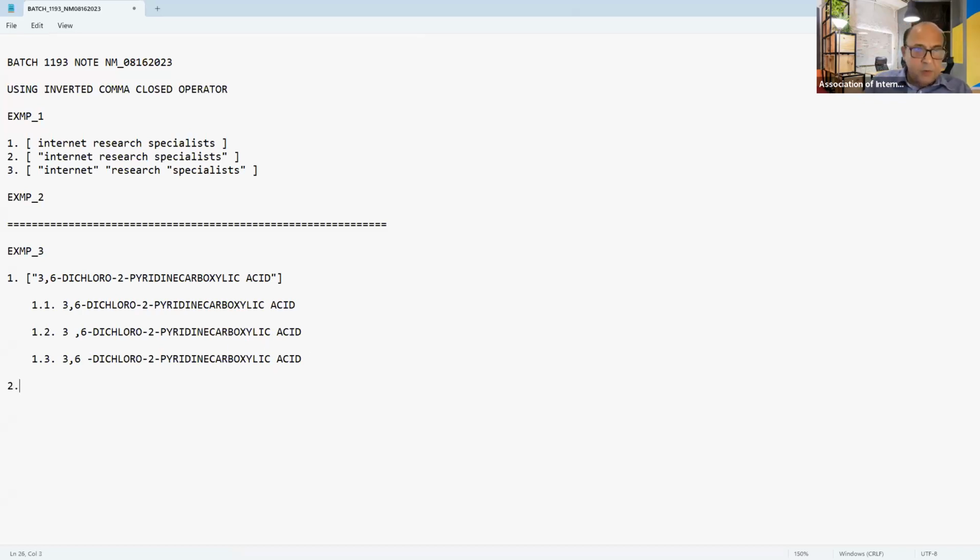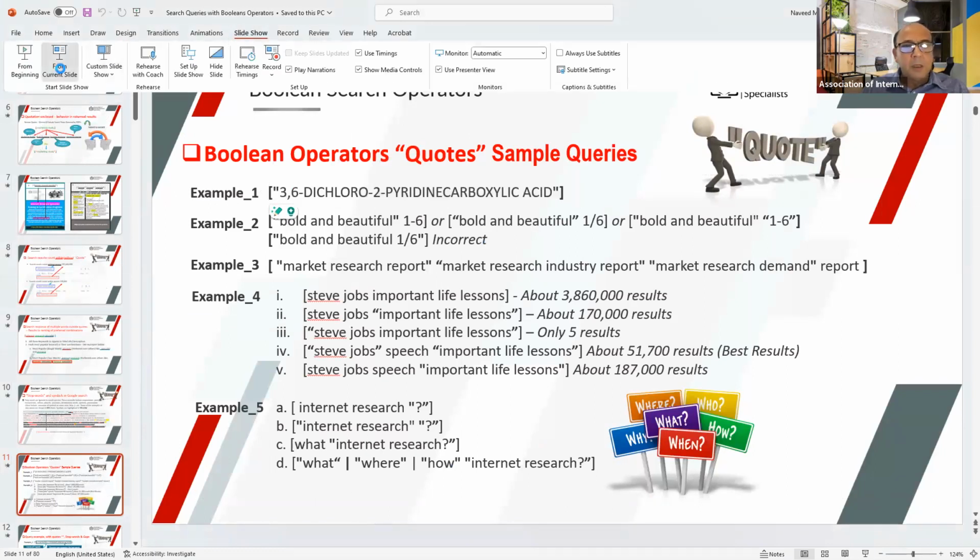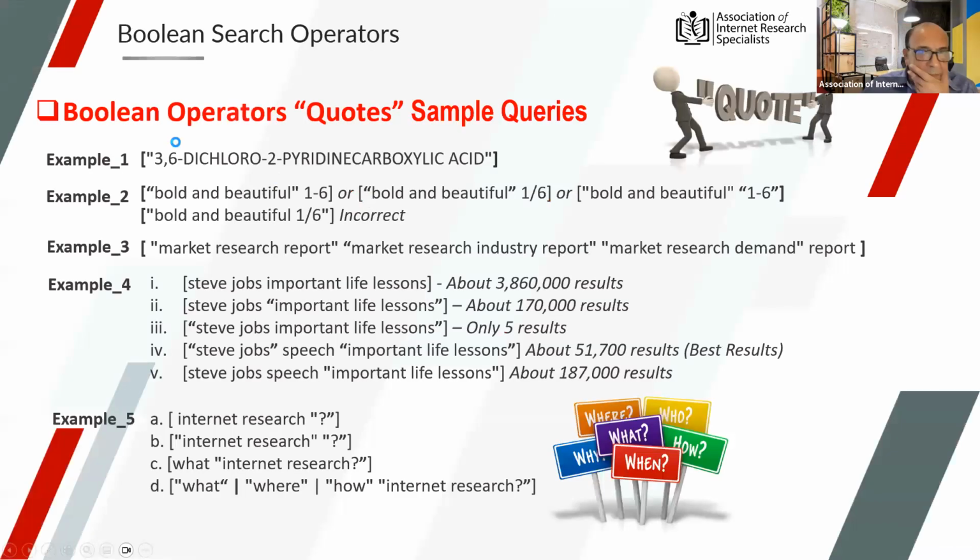Then in example 2, so this is more about the gaps, okay? In example 2, we go back to the slides and see what it is telling us. All right. In this example 2, I want to talk about numbers and how the numbers are treated by the search engine.